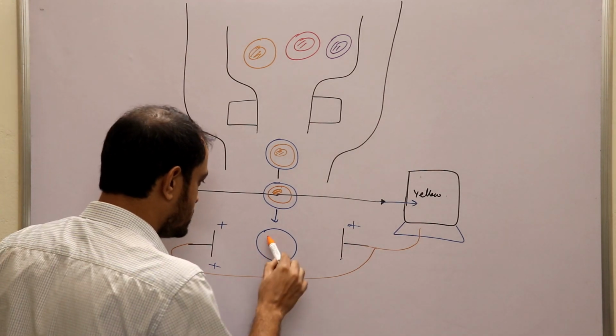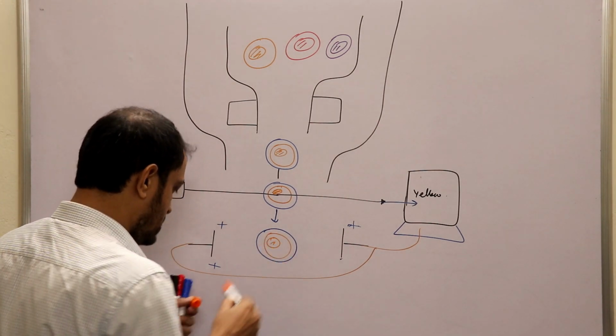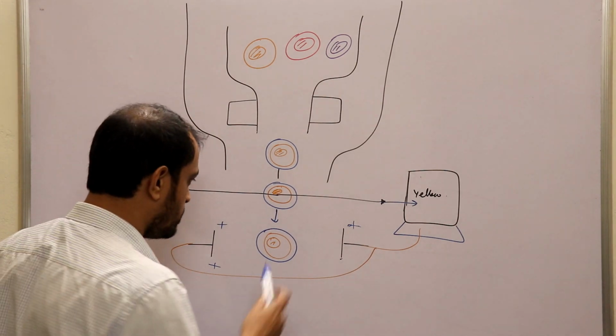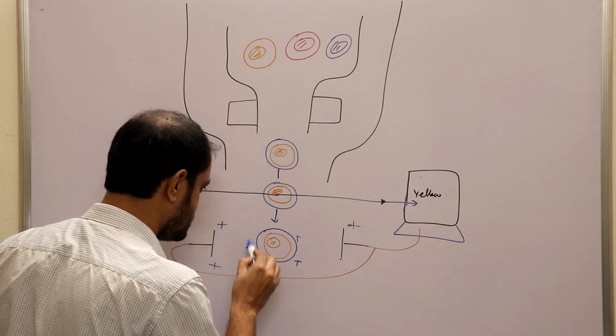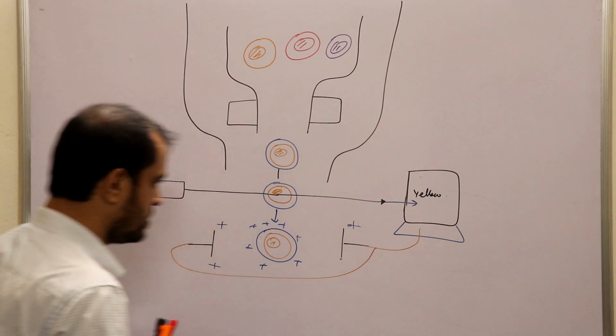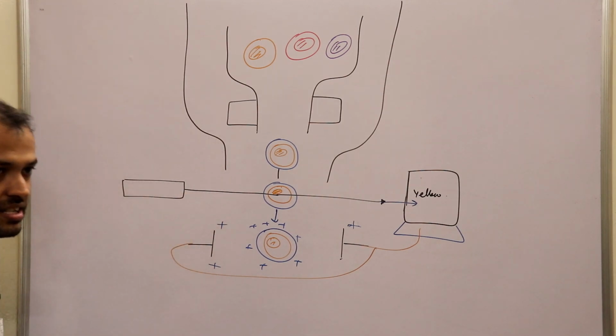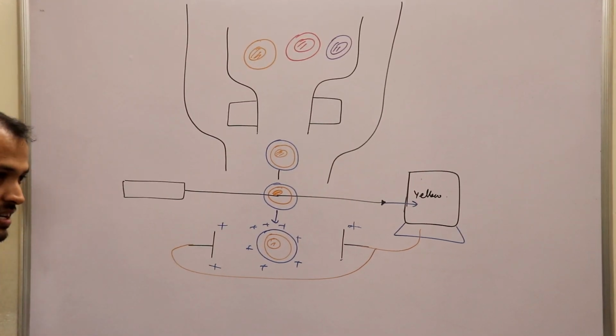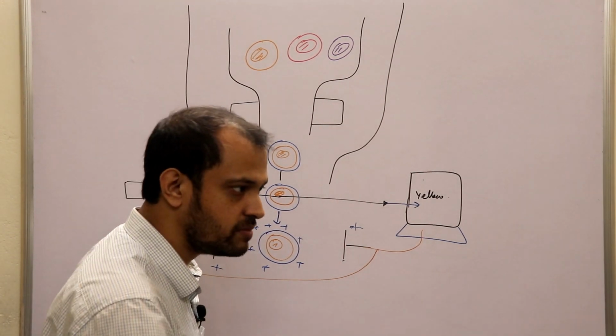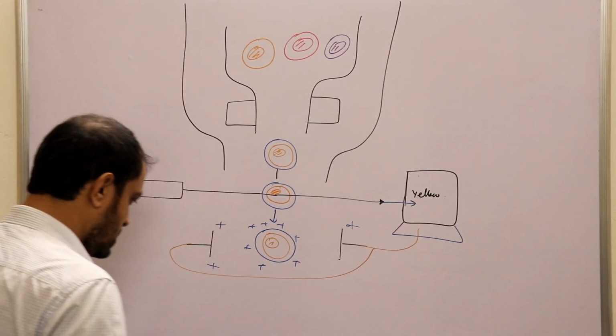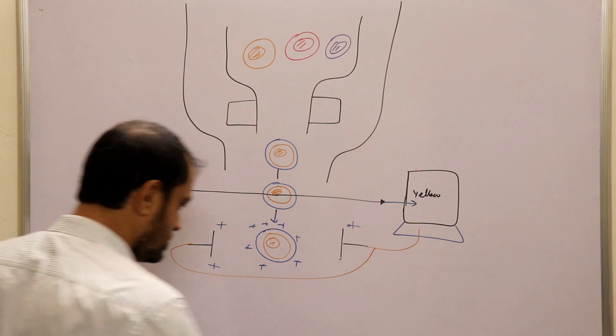So this droplet surface becomes positively charged. Now another thing is very important here, that is separating plates. What are separating plates? Now listen, suppose there are 3 collecting areas.